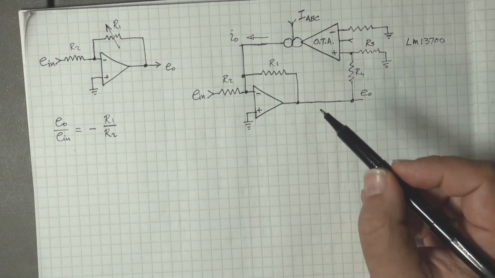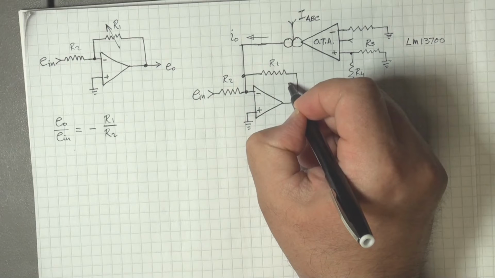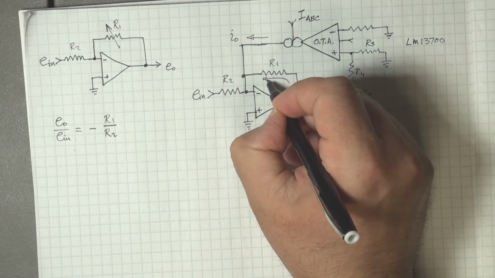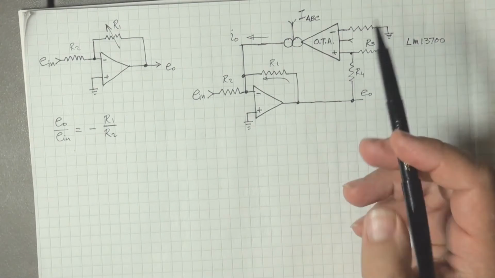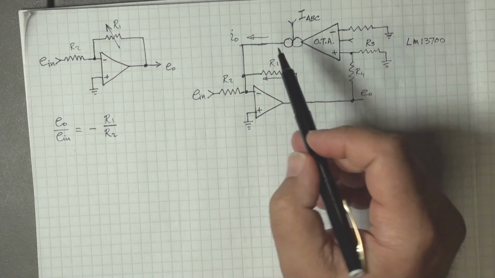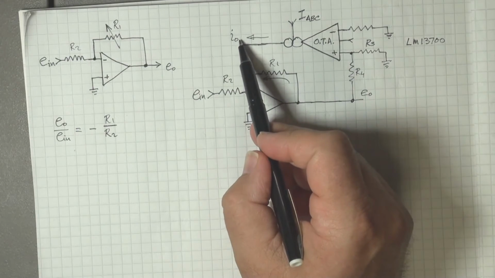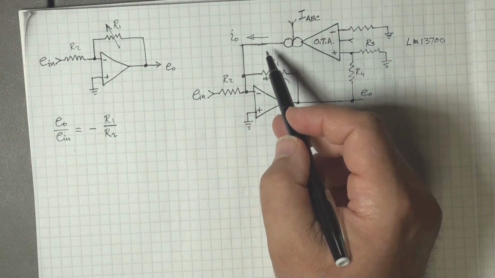Okay, so what's happening here? Of course, we have a current through this feedback resistor as well, but from the point of view of the op amp, well, what's happening? Let's say, for example, the output signal is very low, and the current output of the OTA is also consequently low.